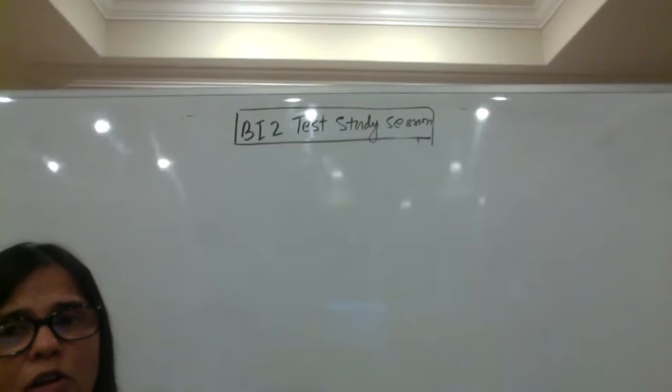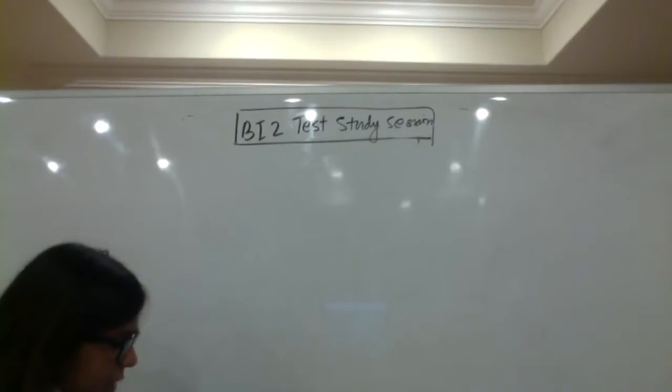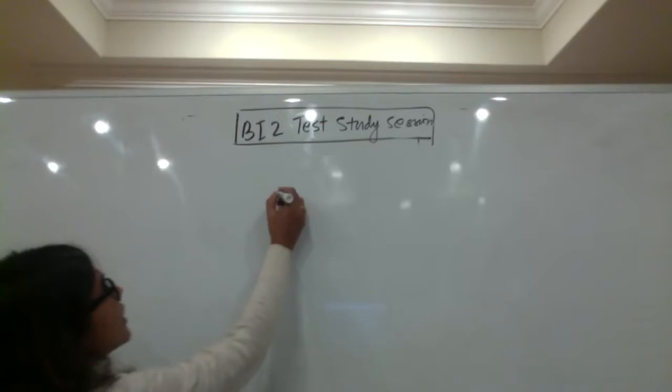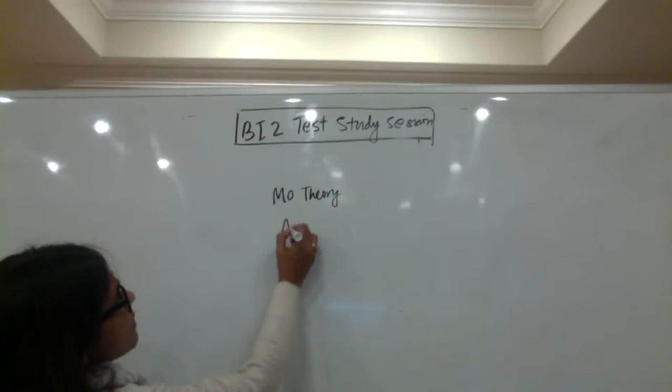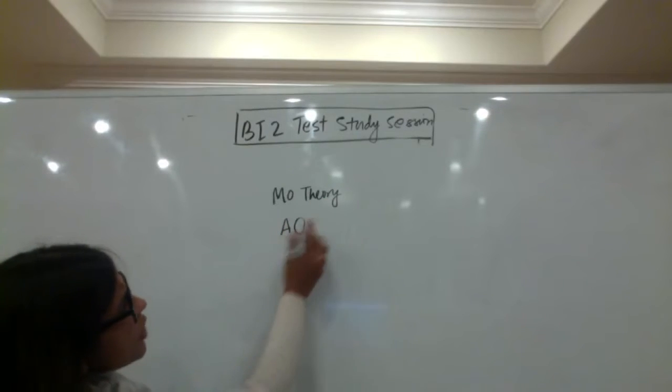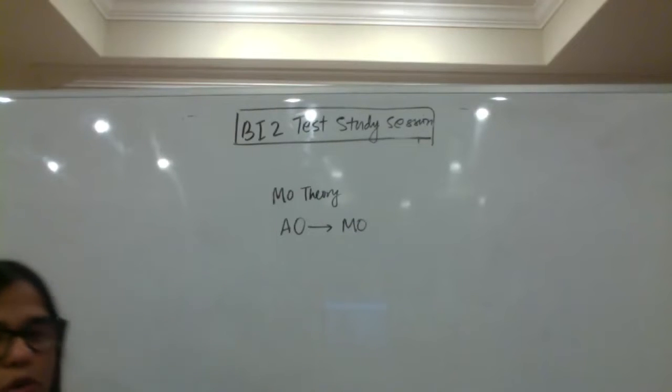Harshita M. Go over molecular orbital theory. Okay, come in your way. MO theory. So MO theory says that atomic orbitals, AO atomic orbitals, combine to form molecular orbitals during a covalent bond formation.